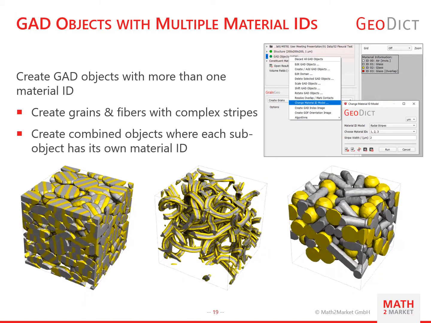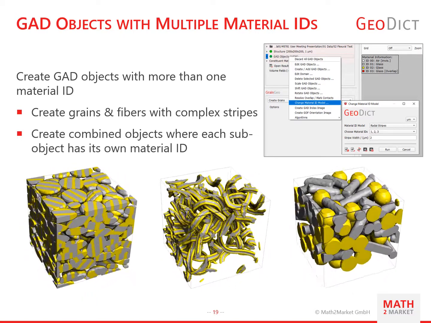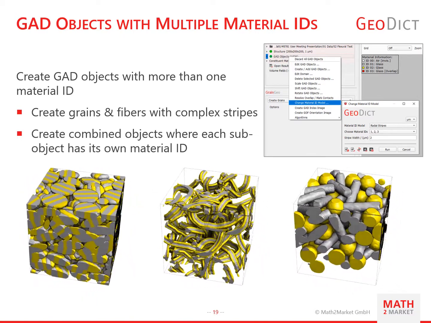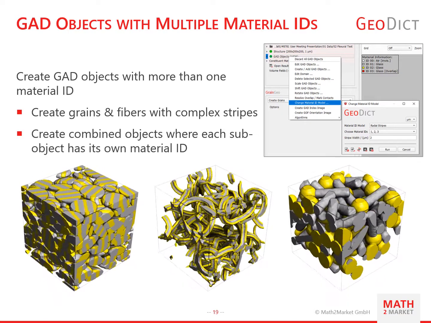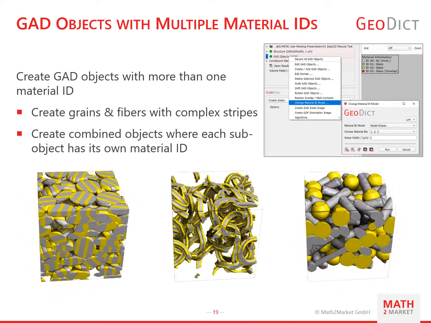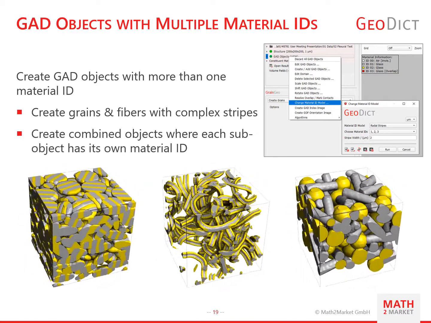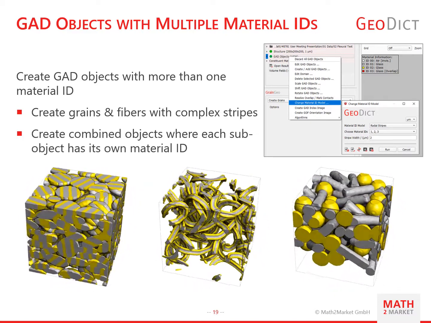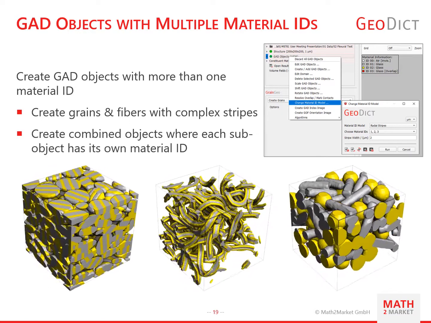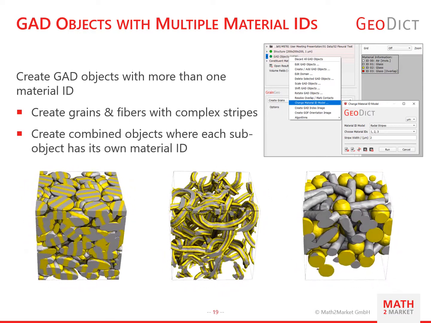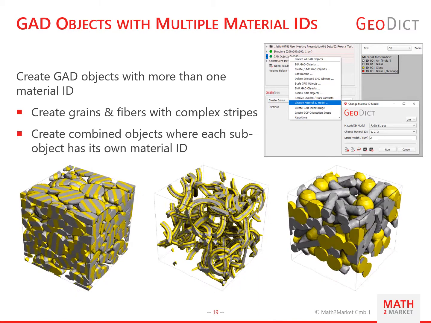Until now, a GUT object, like a fiber or a grain, was restricted to one material ID. With GeoDict 2022, this has changed, and multiple material IDs per object with specific patterns are possible. This option is available in GUT-Geo and the GUT Objects context menu.